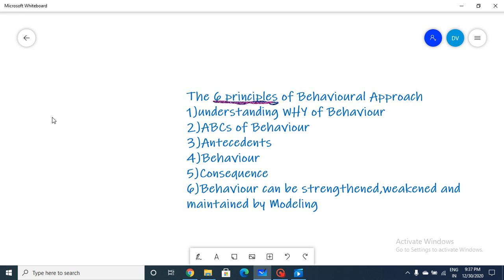So the ABCs of behavior stand for antecedents, behavior, consequence. Here antecedents, as I said before, are the incidents which happen just before the behavior. So here an antecedent might be something like you ask the child to write homework.